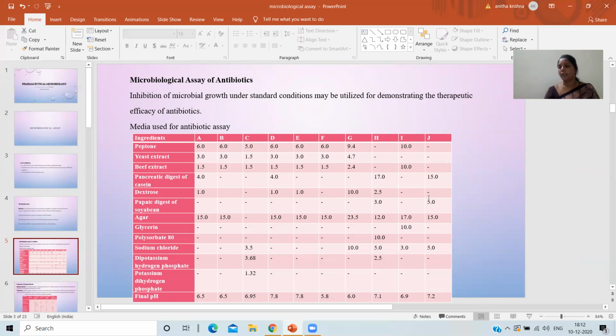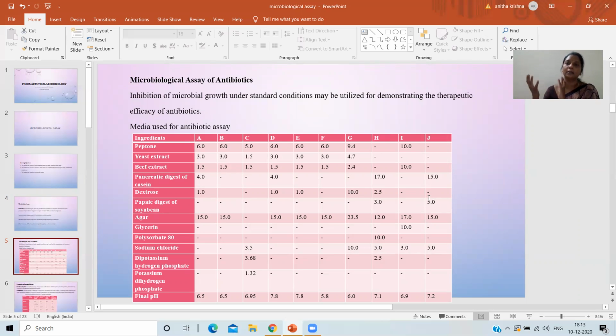Now, this is generally the antibacterial microbiological assay of antibiotics. How you perform the assay: these are nothing but comparative studies. In microbiological assays of antibiotics, you take a standard solution of antibiotic whose standards are already fixed, already determined.